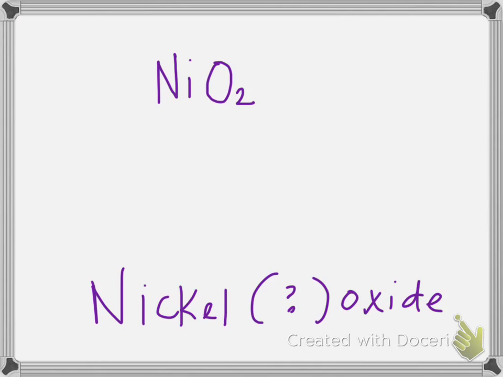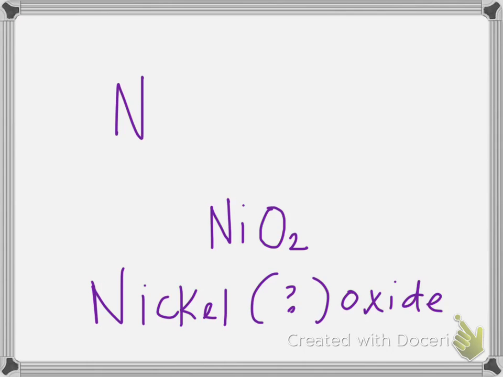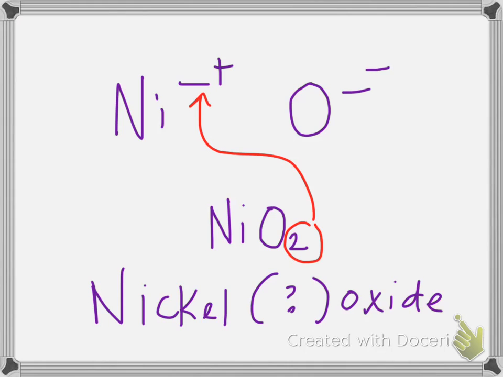I know this is nickel something oxide. I don't know which one. I've got to figure that out. I know that nickel is a transition metal. It's going to form a positive ion. Oxide is always a negative ion. I'm going to reverse these.